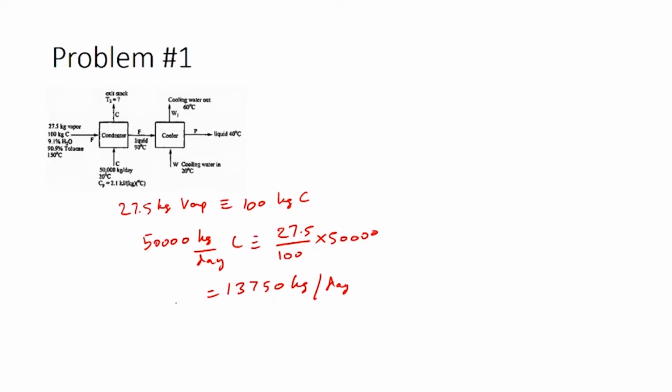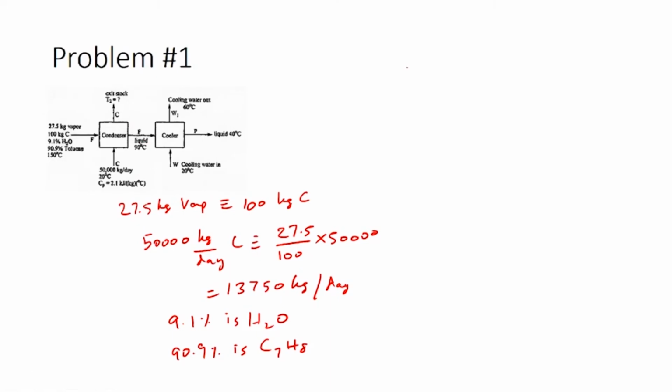We know that out of this 9.1% is water, and the rest, 90.9%, is toluene, C7H8. Now we need to calculate the mass of water and toluene which is coming in, so that we will know the mass of water and toluene which is leaving through the F stream here.